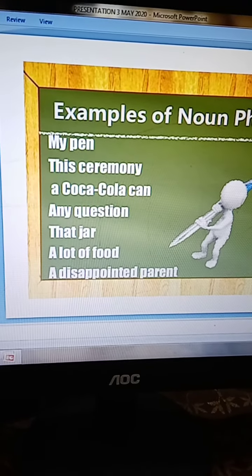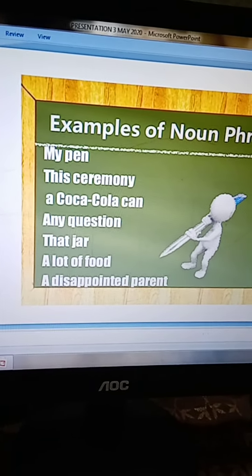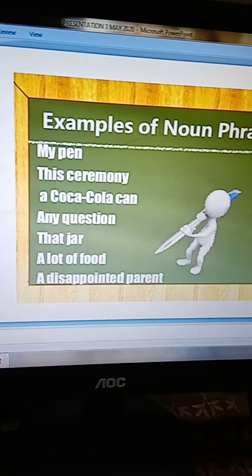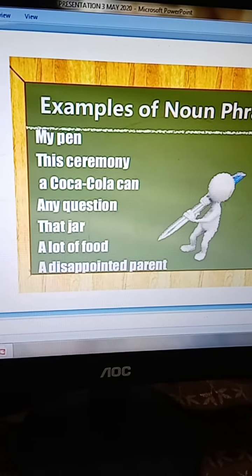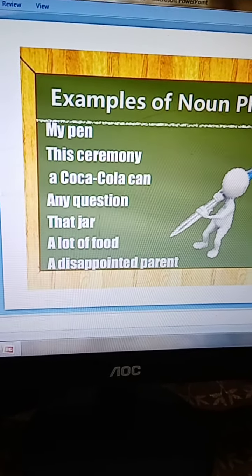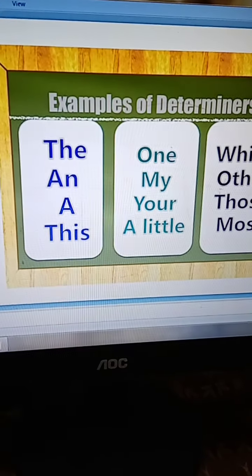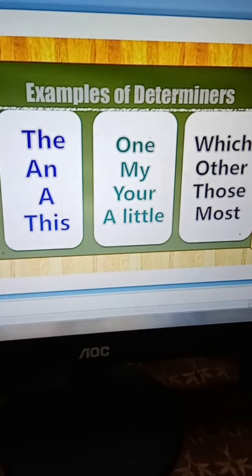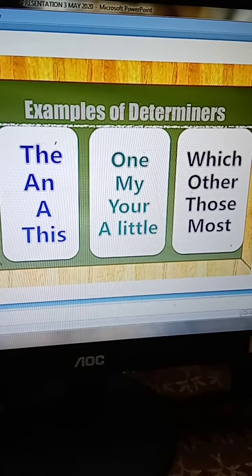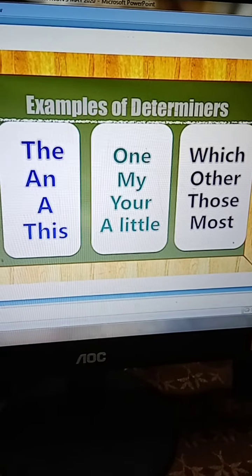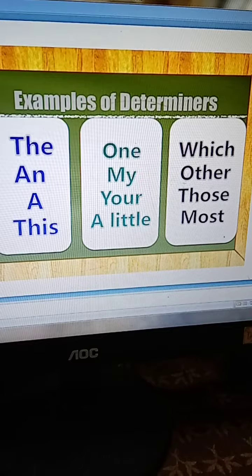The nouns used with these determiners are called noun phrases. Now I hope you are able to understand the definition of noun phrase very well. You can see some more examples of determiners: the, and, these, one, my, your, a little, which, other, those, most.